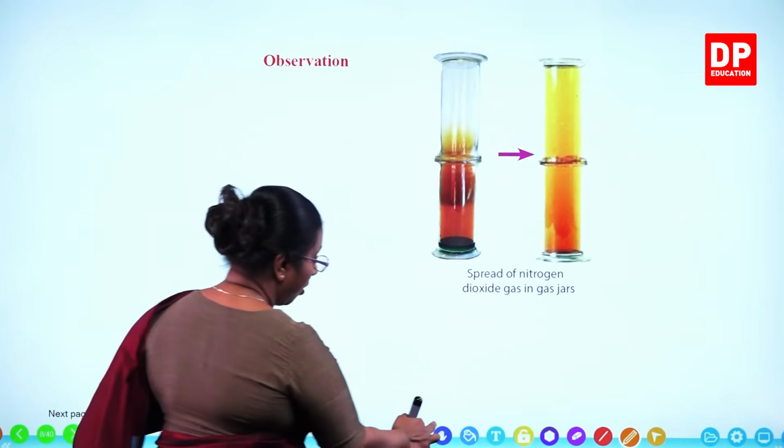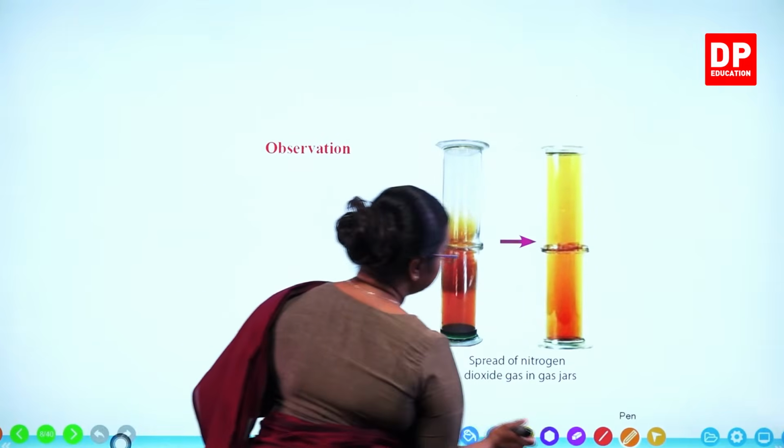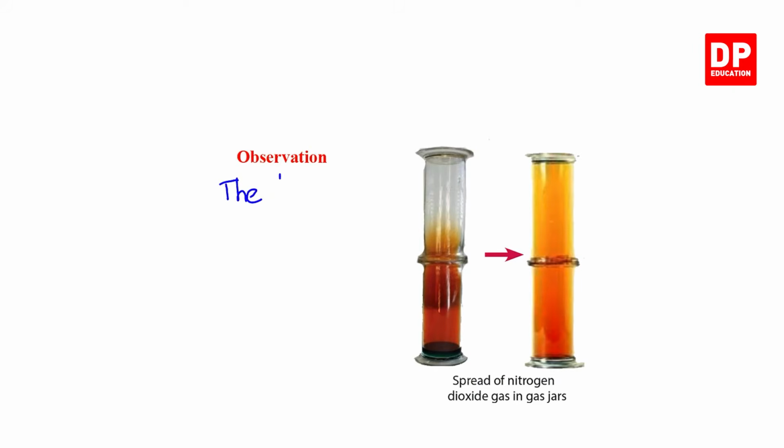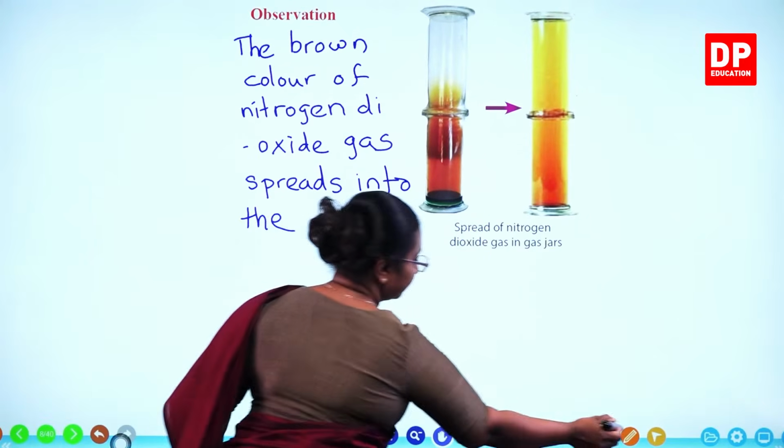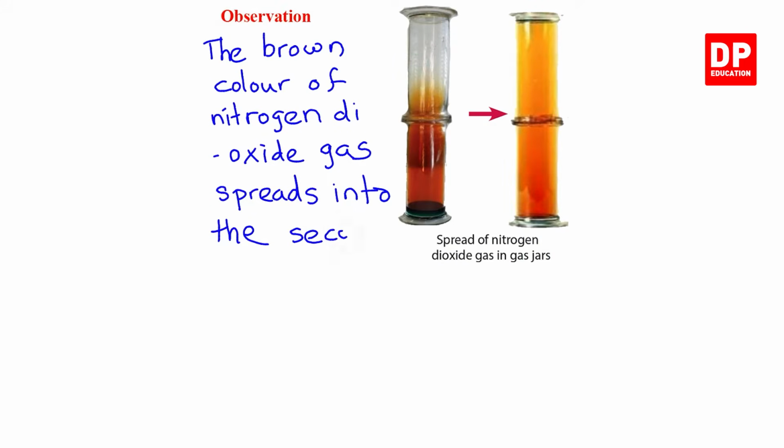So, I will write the observation first. The brown color of nitrogen dioxide gas spreads into the second gas jar.